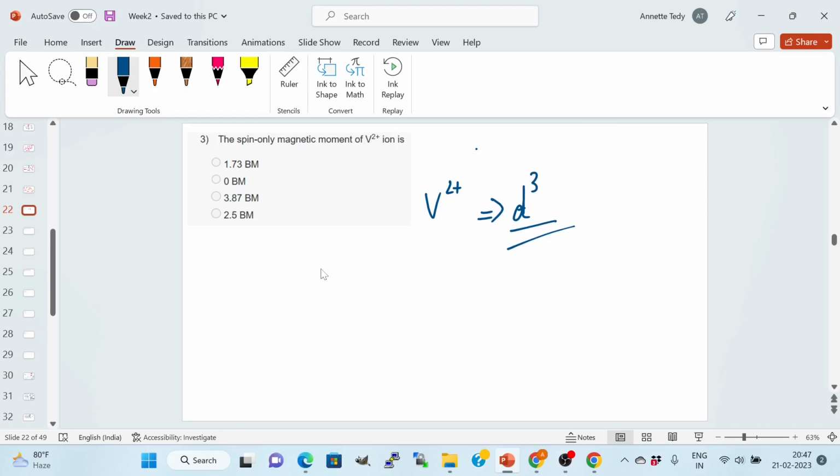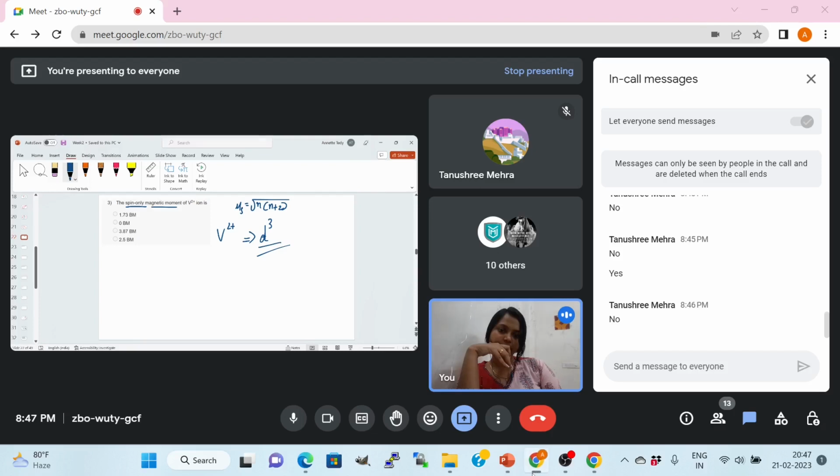This one you don't have to split the orbitals because there are no ligands. You just have to write the normal degenerate d orbitals, and from that you just need to calculate. The keyword here is spin-only magnetic moment, and the equation is root of n into n plus 2. Can you put it in the chat box?